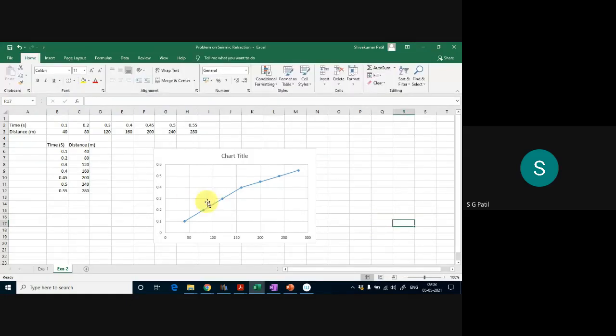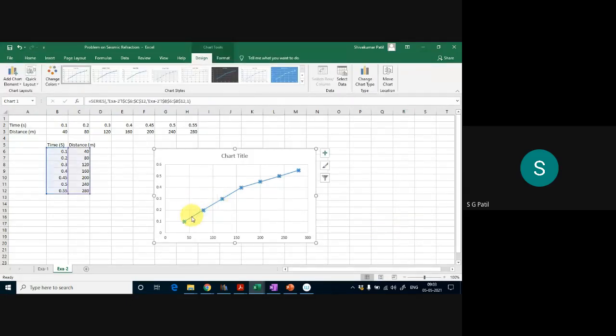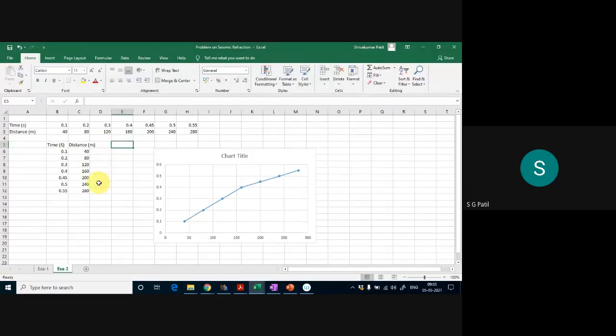See this one: this is my first part of the straight line, and this is my second part of the straight line. To take the slope, now I will calculate the slope here.